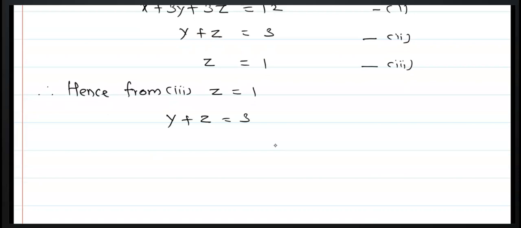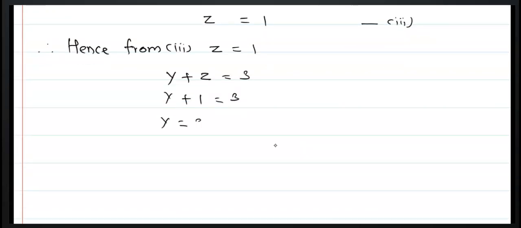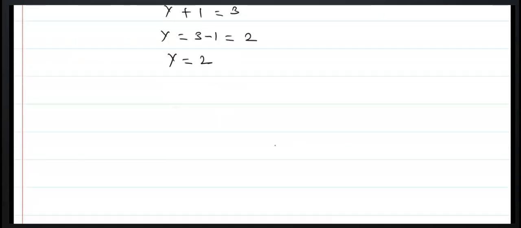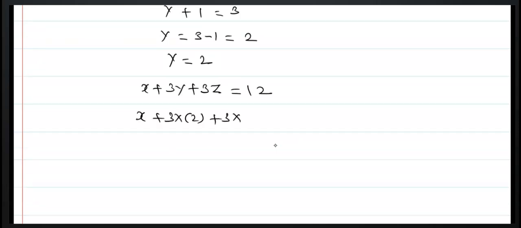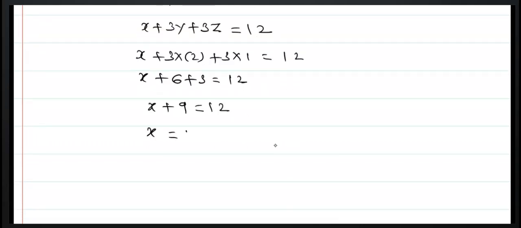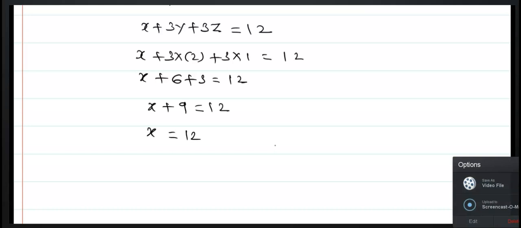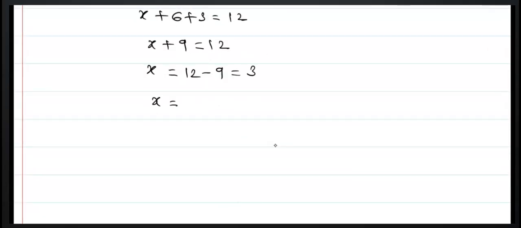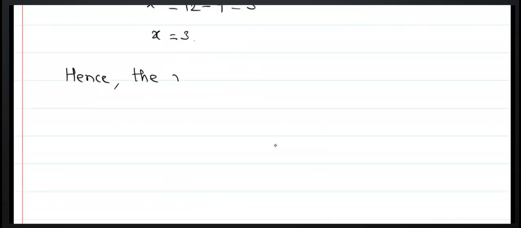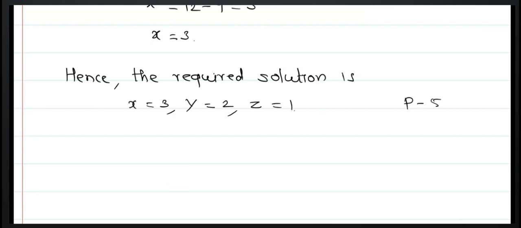Substitute the value of z, then you will get y. Next is x + 3y + 3z = 12. Substitute the values of y and z, then you will get the value of x, that is 3. Hence the required solution is x = 3, y = 2, and z = 1.